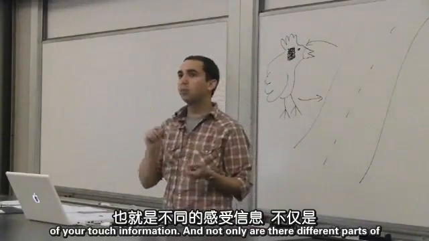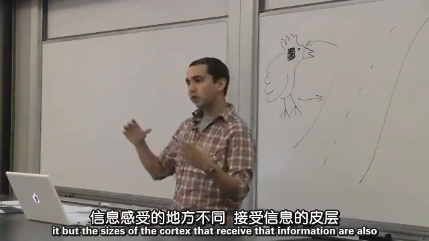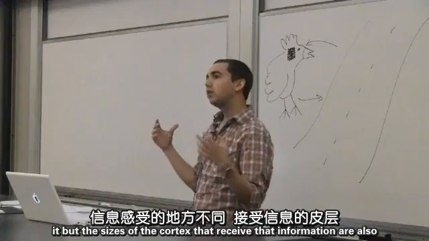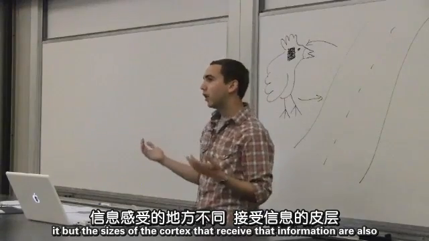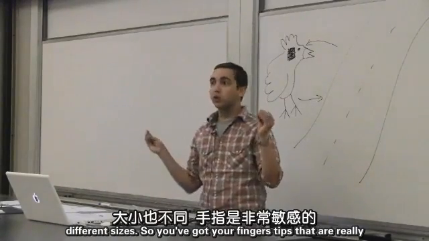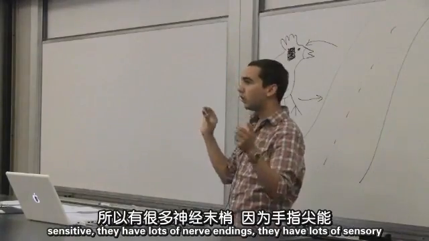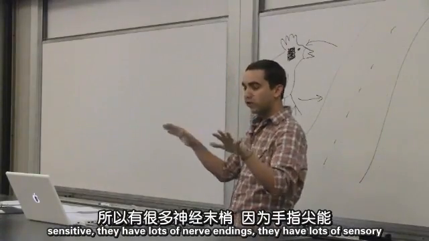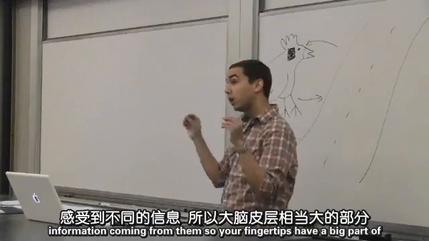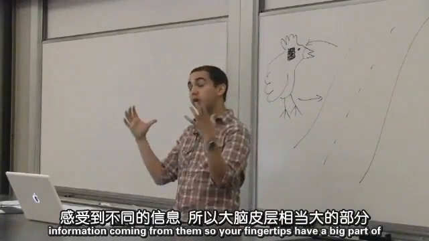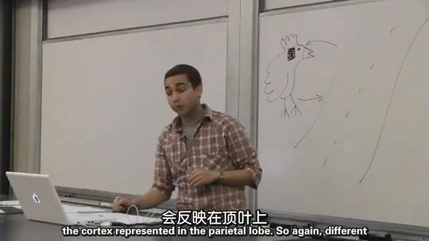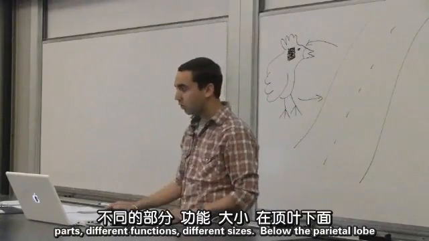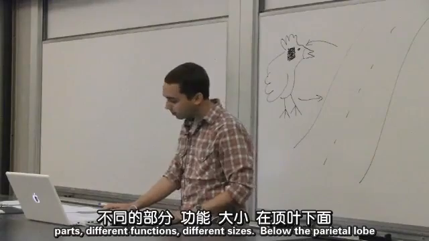And not only are there different parts of it, but the sizes of the cortex that receive that information are also different sizes. So you've got your fingertips that are really sensitive, have lots of nerve endings, have lots of sensory information coming from them. Your fingertips have a big part of cortex represented in the parietal lobe. So again, different parts, different functions, different sizes.